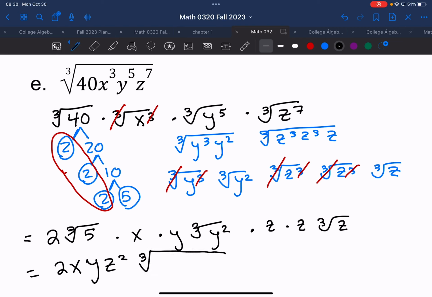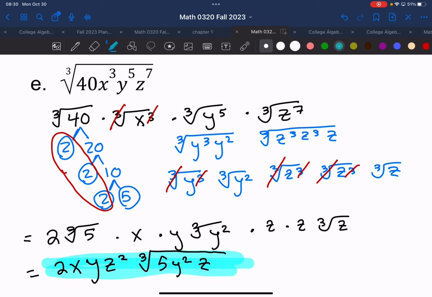And what parts do I have under the root? So I have a 5, a y squared, and what else? A z. This right here is my answer. So once I get all the separate answers, I have to combine it into one. So I take everything that's on the outside, place it on the outside. Everything that's inside the radical, I place it on the inside.